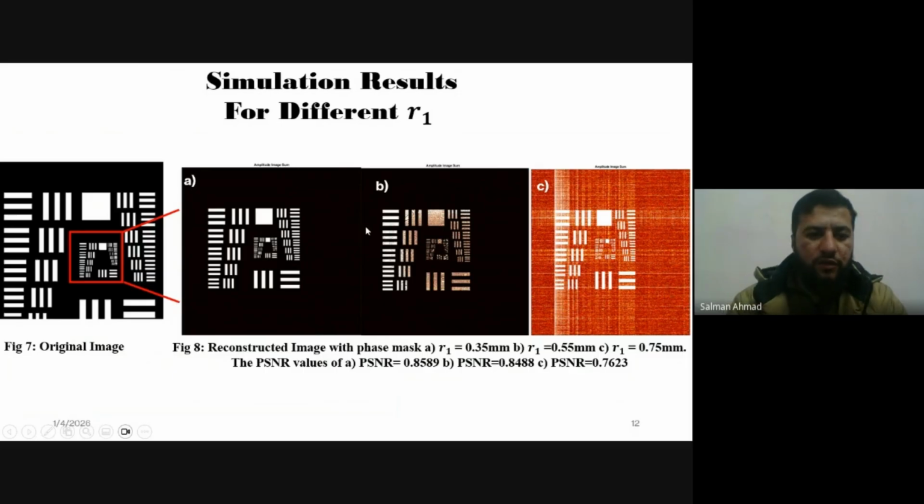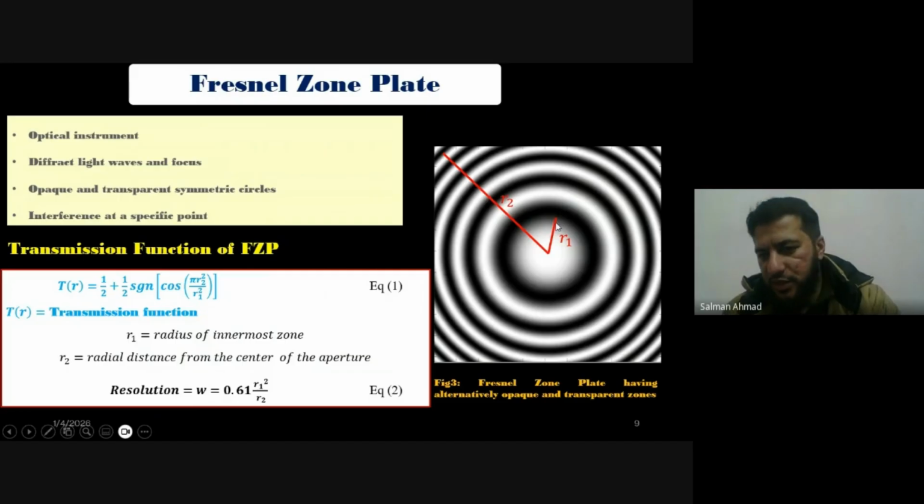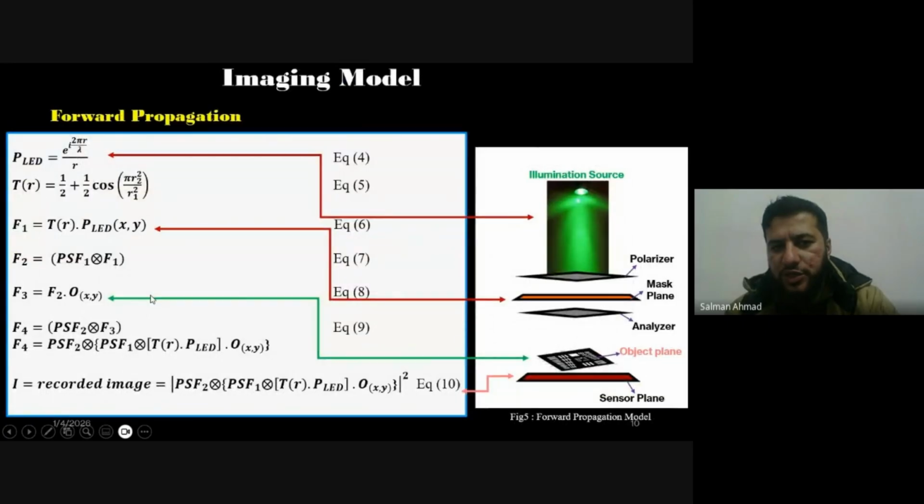So here are the simulation results we took using different R1. R1 here is the innermost circle radius, and by changing this R1, as you can see in the transformation function and also in the resolution function of the Fresnel zone plate, R1 is the main parameter which can change its resolution or its transmission.